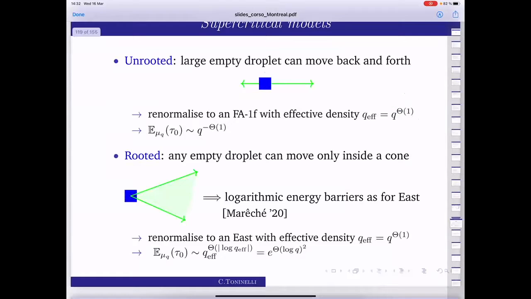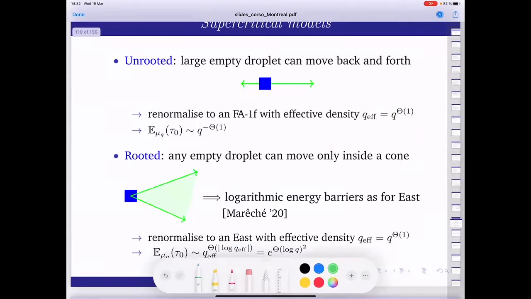But what happens if instead I'm rooted? Rooted means that I have just one green semicircle, but the opposite one, this one, will necessarily contain at least two non-opposite red directions, which means that if I construct my blue, I can always construct a big region, a big droplet, this blue region, which can move in this direction, in the middle of the unstable semicircle, but it cannot move back.